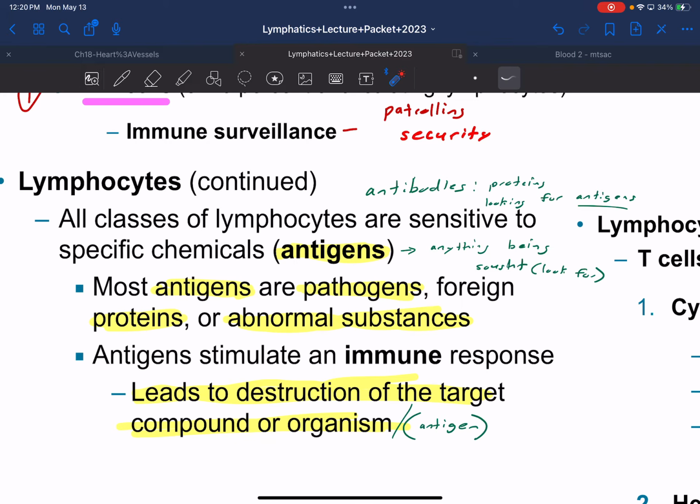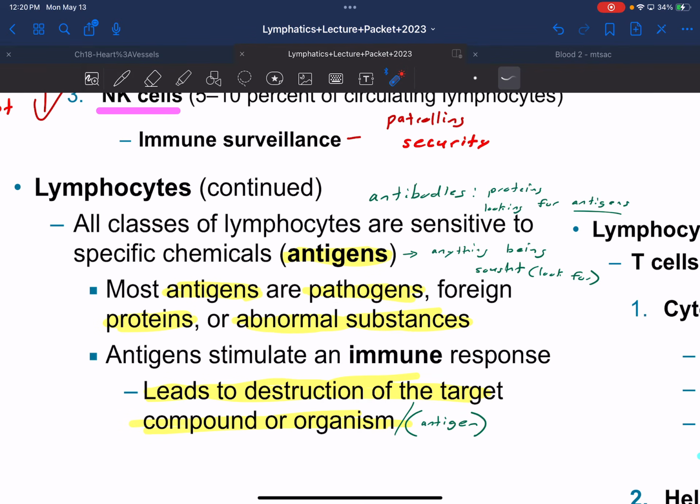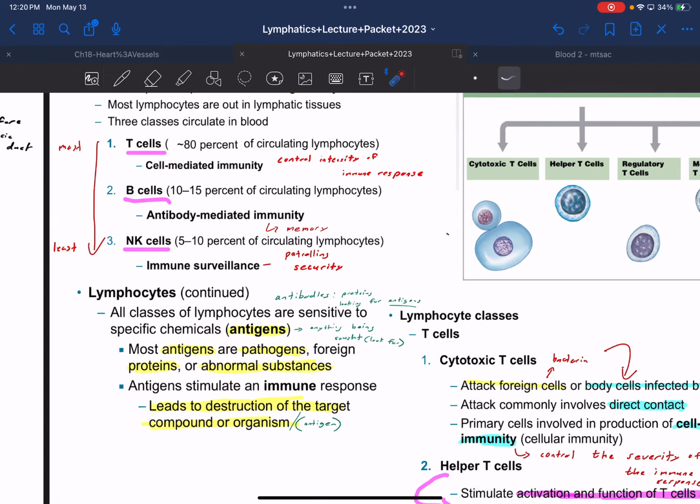So you can see in autoimmune disorders, if your white blood cells are attacking your own body, your own body becomes antigens in some spots, some areas. All right.